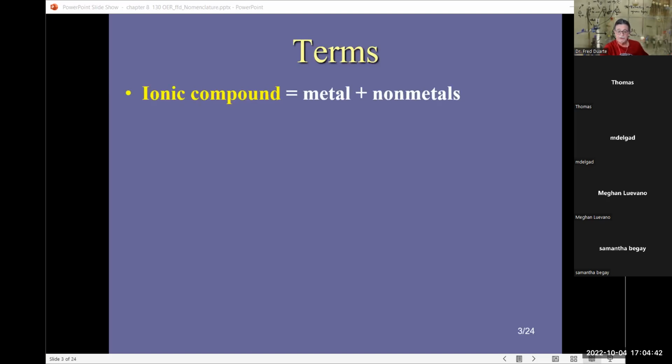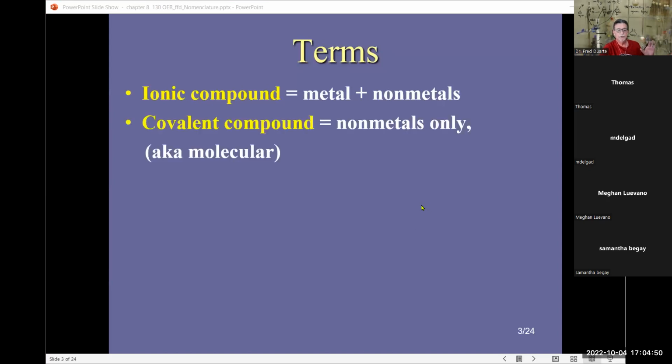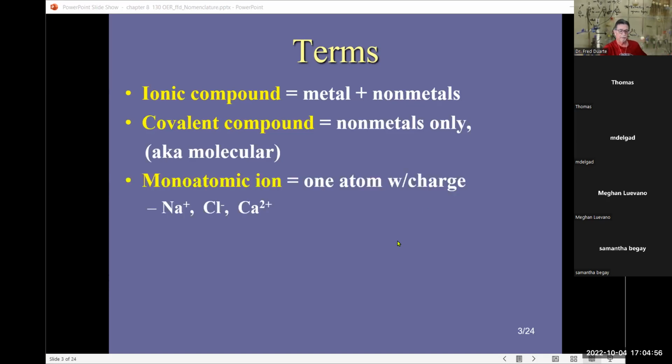By definition, an ionic compound, you should know real well by now, is a combination of a metal and a non-metal. Whereas covalent compounds are a combination of nonmetals only. Also, you see the term molecular compounds. We have a lot of monoatomic ions: sodium, chloride, calcium ions, and they have their respective terms.